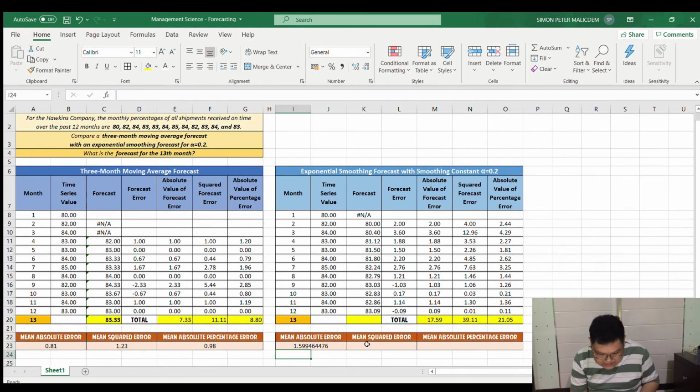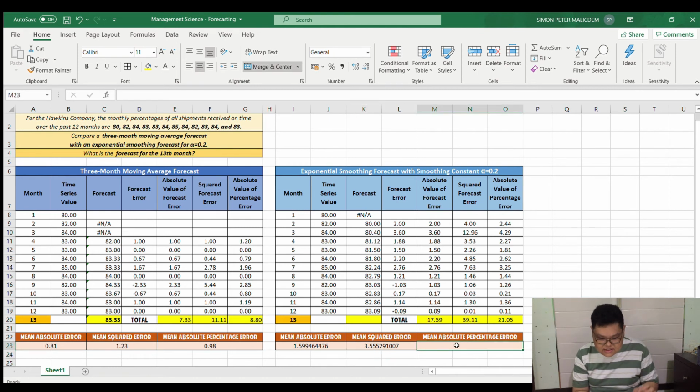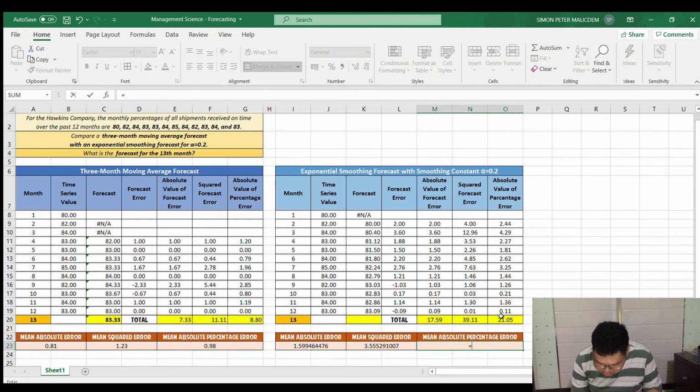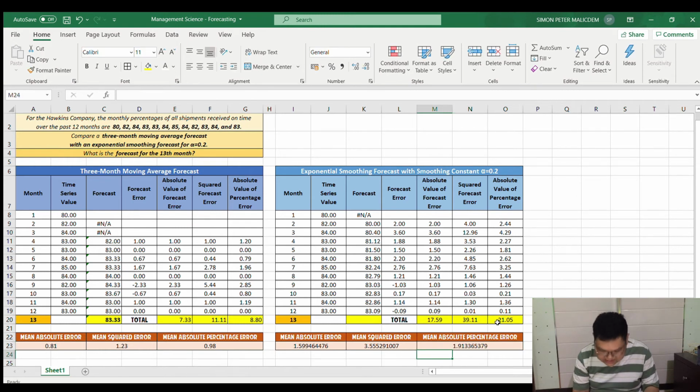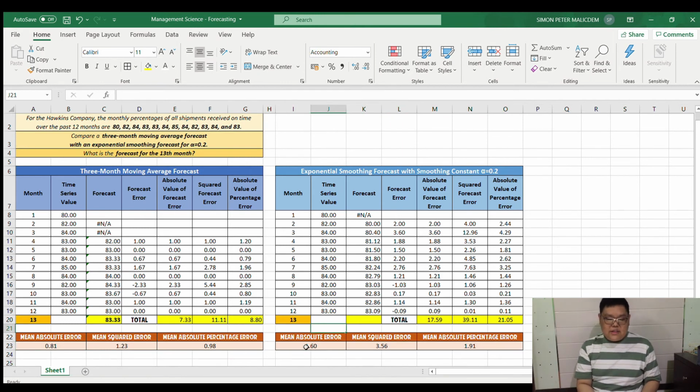So next is the mean squared error, equals 39.11 divided by 11. There. Next equals 21.05 divided by 11. There. Then we can decrease the decimal. And there we have it.